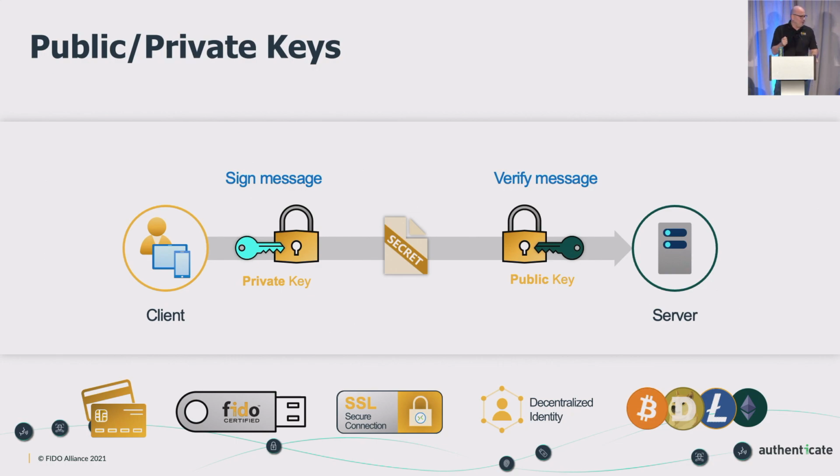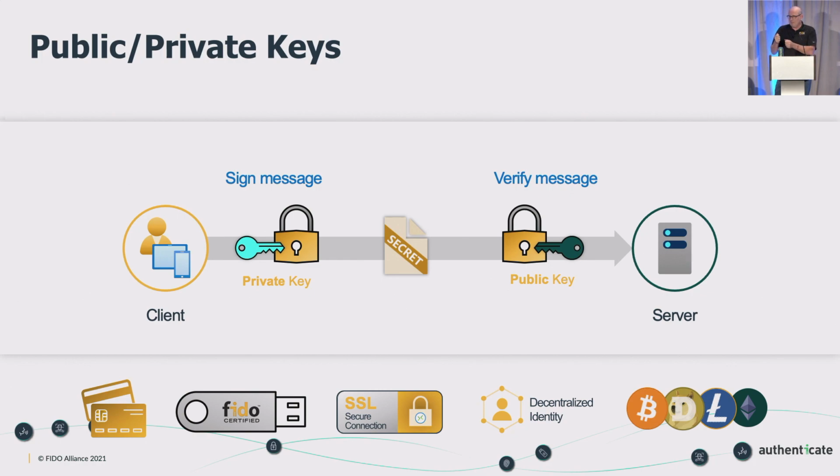And this is where the public key comes into play. The public key can be used by the relying party to verify that the message was signed by the paired private key. So it then knows that only one person got the message, they signed it, and I can now guarantee and validate that, yes, it came from the right person.